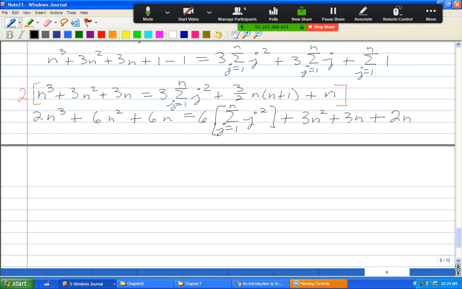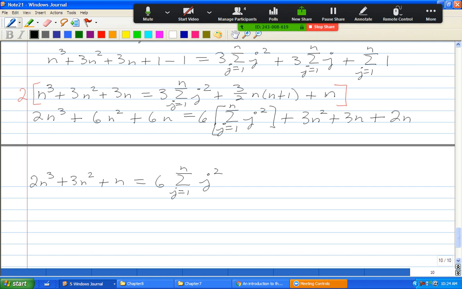Now let's subtract 3n squared. Subtract 5n from both sides of my equation. The sum of j squared, good.